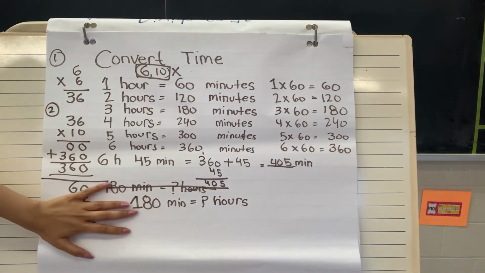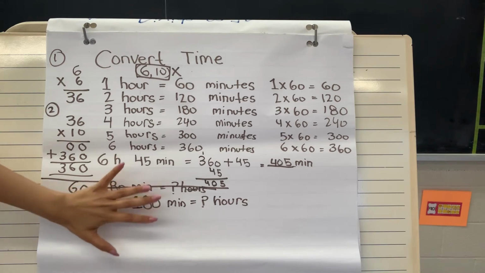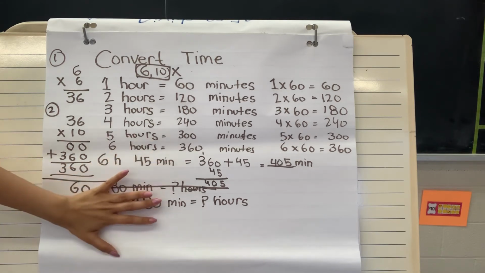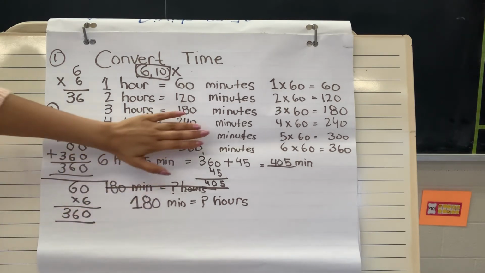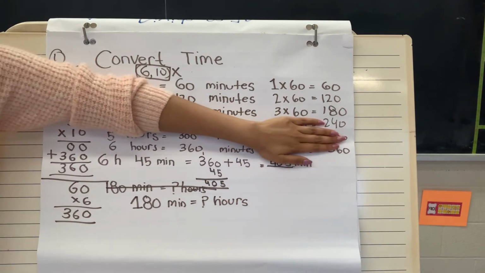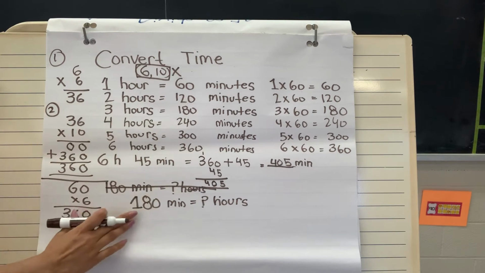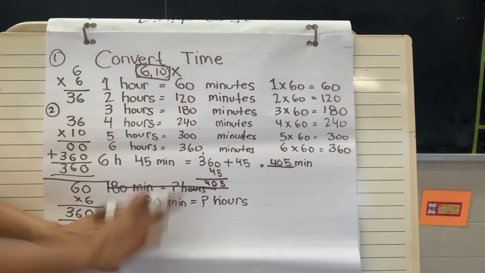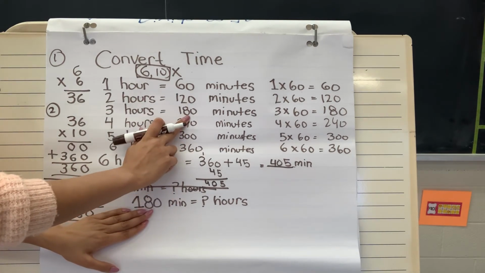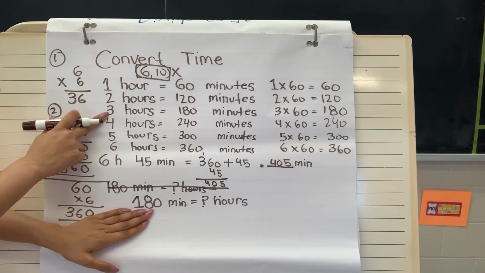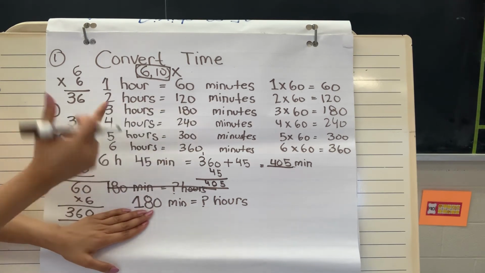Now, to convert from minutes to hours and minutes, again, we're not going to look at our table, okay? It's much easier. Okay, so let's say we have our table. I have 180 minutes. That should give me 3 hours, right? Because that table is telling me.